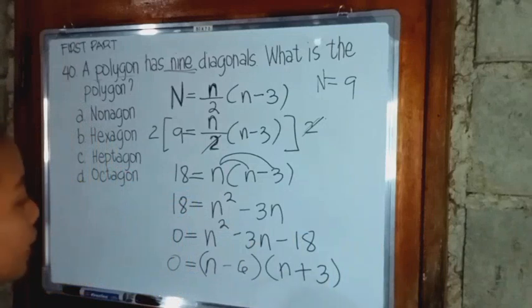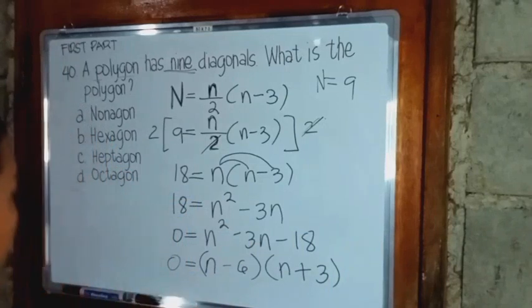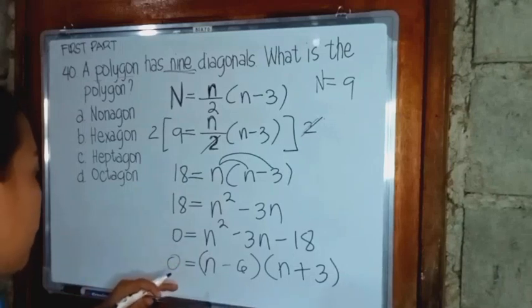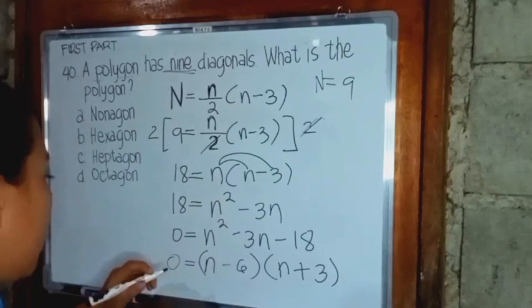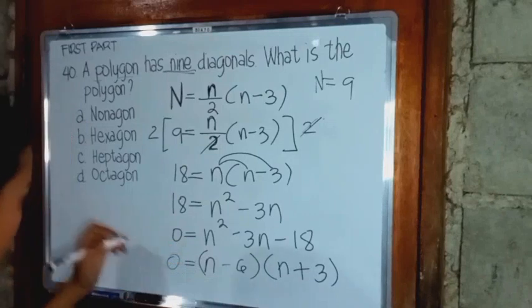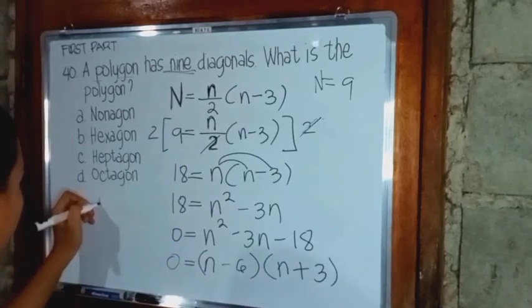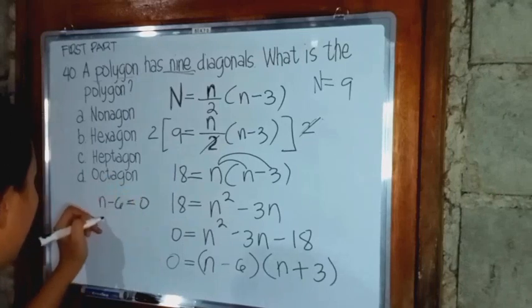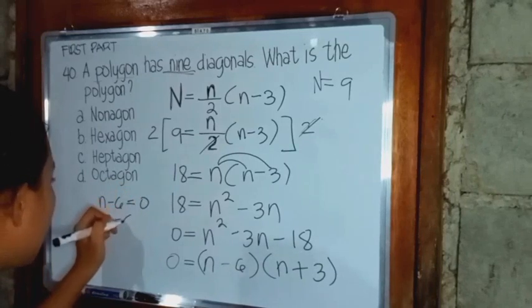Now we can find the value of n by equating each factor to 0. So n minus 6 equals 0. So n is equal to 6.